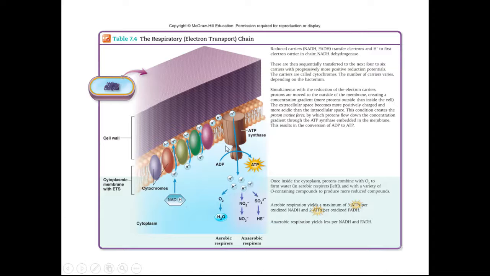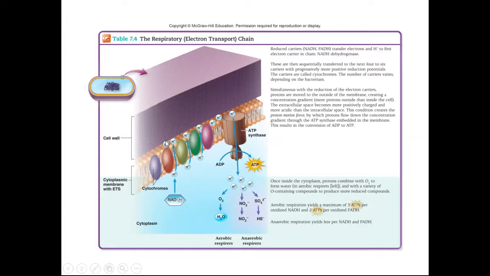During anaerobic respiration, those high energy electrons will bind to nitrates, sulfates, or carbonates, and then form other chemical byproducts. During this process of moving the high energy electrons from molecule to molecule in the electron transport chain, we take protons from the cytoplasm of the bacterial cell and move them to the intermembrane space between the membrane and the cell wall.